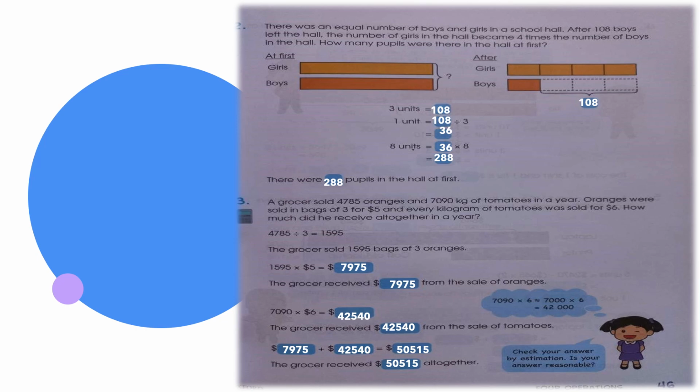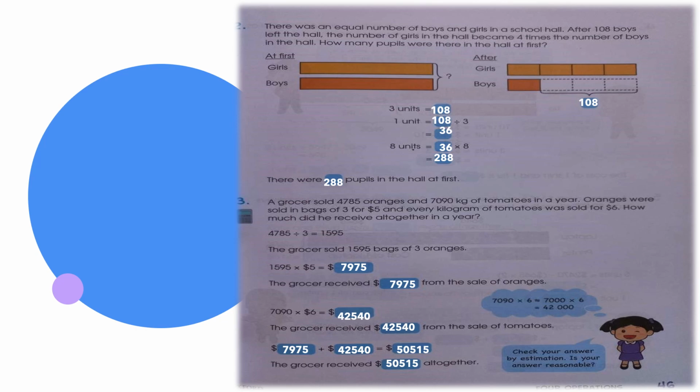So if initially they were equal, now 3 units left the hall. Because for every 1 unit there are 4 units, it means that the additional 3 units of girls represent the number of boys that left the hall, which is 108. So 3 units is equivalent to 108, and in order to find out the total number, we have to find out the number for 8 units, because there are 8 units in total.